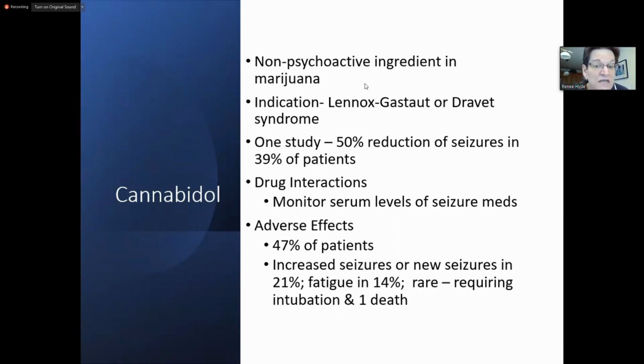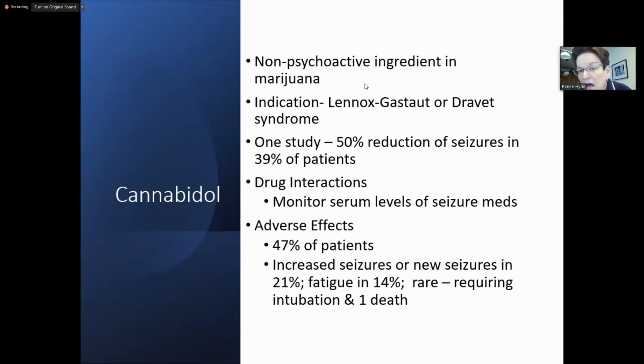Some patients even increased the number of seizures they had or developed a new type. The most common adverse effect was new seizures, and fatigue in about 14%. They also had two patients who required intubation to maintain airway, and they did have one death.